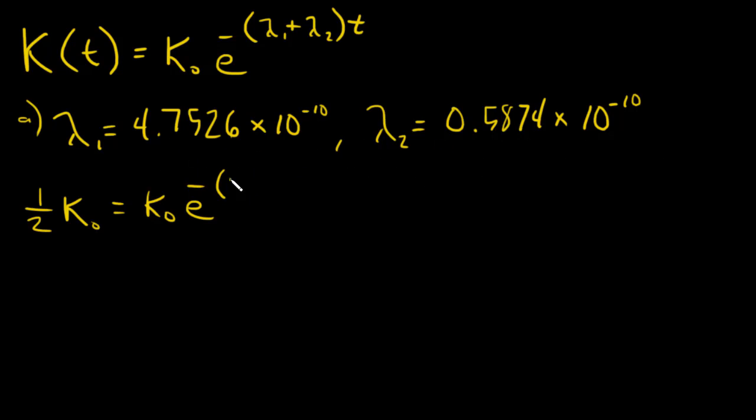So 4.7526 times 10 to the negative 10 plus 0.5874 times 10 to the negative 10, times t. Okay? K naughts are going to cancel. I'm going to be left with 1/2 is equal to this.